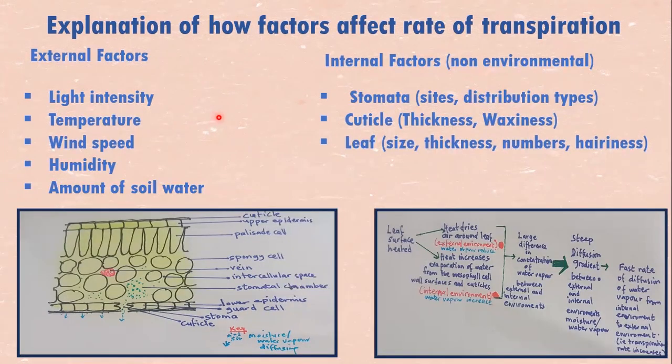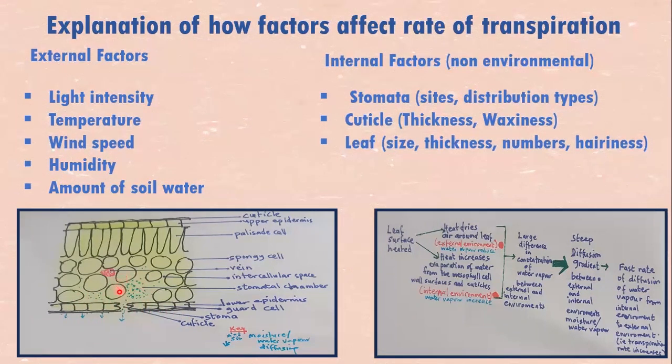Well, we've used light intensity or temperature increases to explain how these factors affect the rate of transpiration. The same explanation and terminologies will be used to explain all these other factors. For instance, wind speed. When wind speed increases, water vapor will be blown away from the surface of the plant.